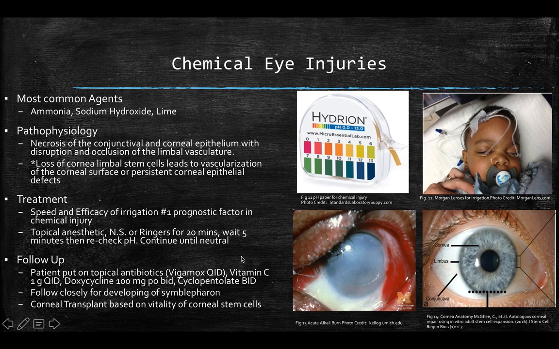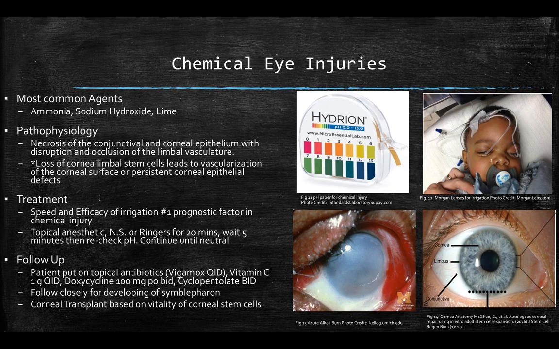And then we were talking about this briefly, but one of the things to keep in mind is the status of the limbus. Your limbus, which is located here between your iris and your conjunctiva, is the area where you have your corneal limbal stem cells.